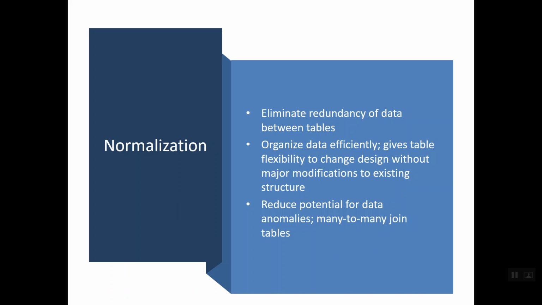So normalization is a process we go through, and it does a couple of things. First, it eliminates the redundancy of data between tables. The best way to describe redundancy is when the same information is maintained in multiple tables or multiple spreadsheets, and then the immediate question that comes to mind is which one's the real one?